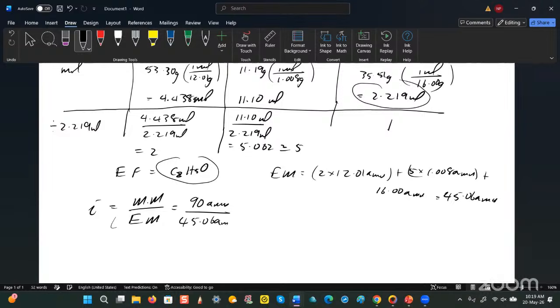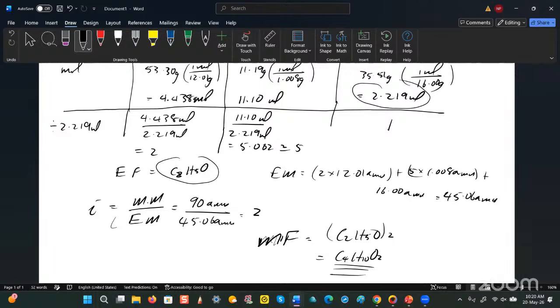45.06 AMU. So 90 divided by 45.06 gives 2, which means that the molecular formula will be C2H5O2, which is C4H10O2.